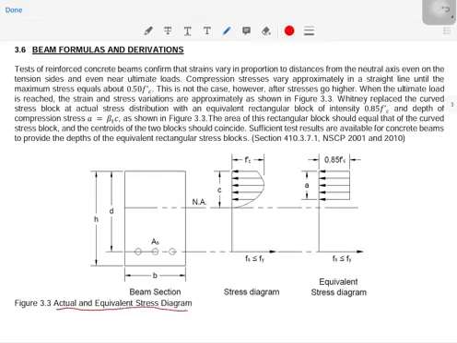So figure 3.3 is the actual and equivalent stress diagram. So this is your beam section.